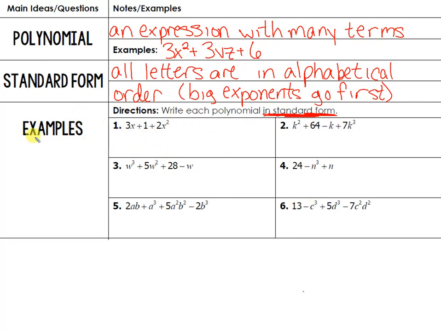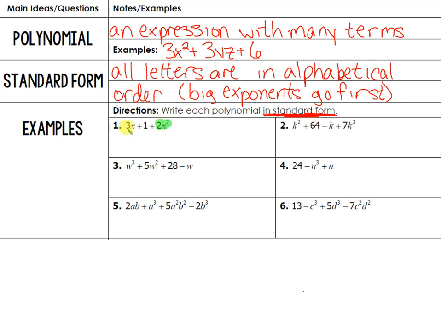When I'm putting things in standard form, not only am I ordering, so if I look right here, and I like to highlight because the color works best for my brain. I'm looking, I have an x with no exponent, I have a 1, I have 2x squared. Well, the biggest exponent is that 2x squared.